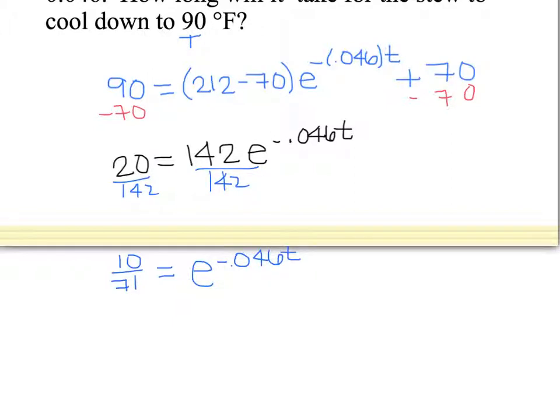0.046t. Now in this case, I need to cancel out my base e. And if you recall, the only way that we can cancel out a base e is if we take the natural log. If I take the natural log of the right side, I must also take the natural log of the left side. Now, for those of you with a graphing calculator, when you type in the natural log of 10 divided by 71, I would highly recommend that you use the storing feature.